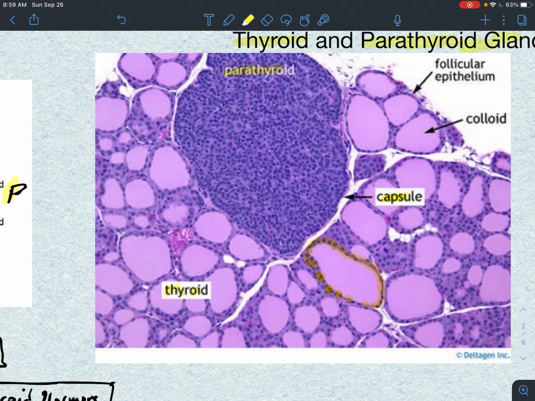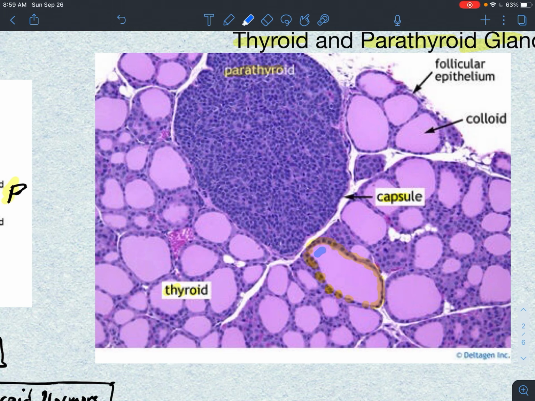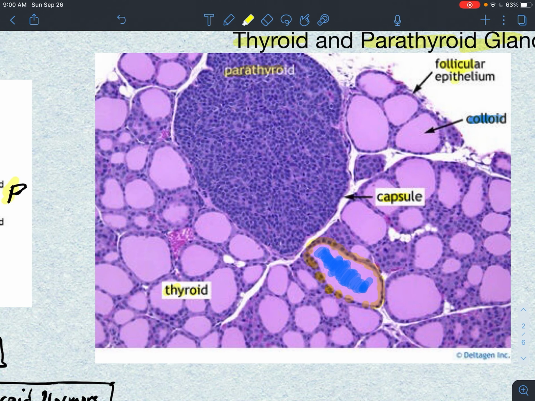They go in a circle to make this circular encircling of what is a fluid on the inside that is known as the colloid. So within that, you've got this fluid that is known as the colloid within there. And that's being shown to you right here and pointed out to you right there. So you've got basically that follicular epithelium, right, with those cuboidal cells encircling that colloid.